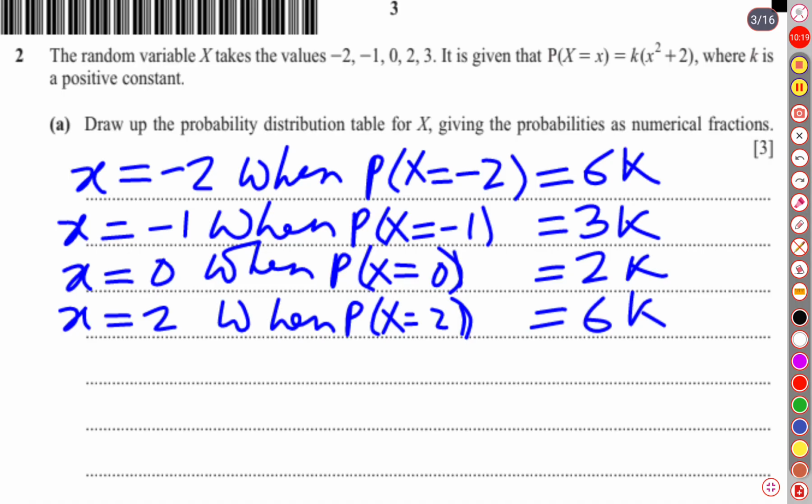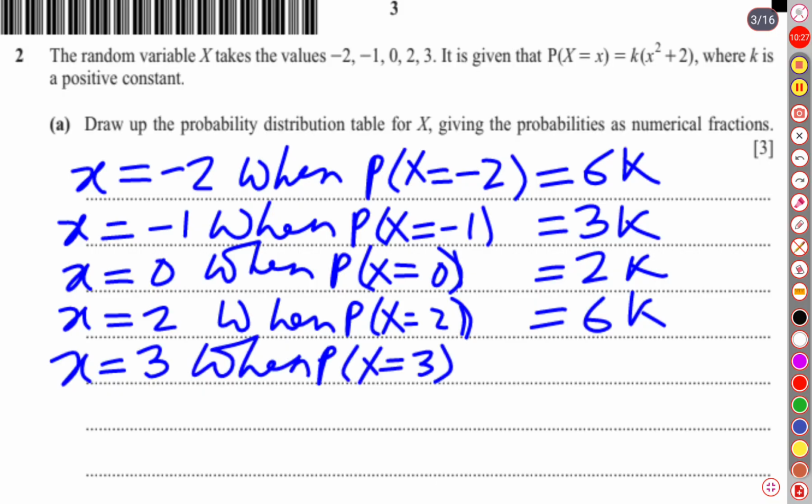Then X is equal to 3. If x is 3, 3 squared means 9 plus 2 is 11, so 11k. Well, these are the probabilities, but k is a positive constant.